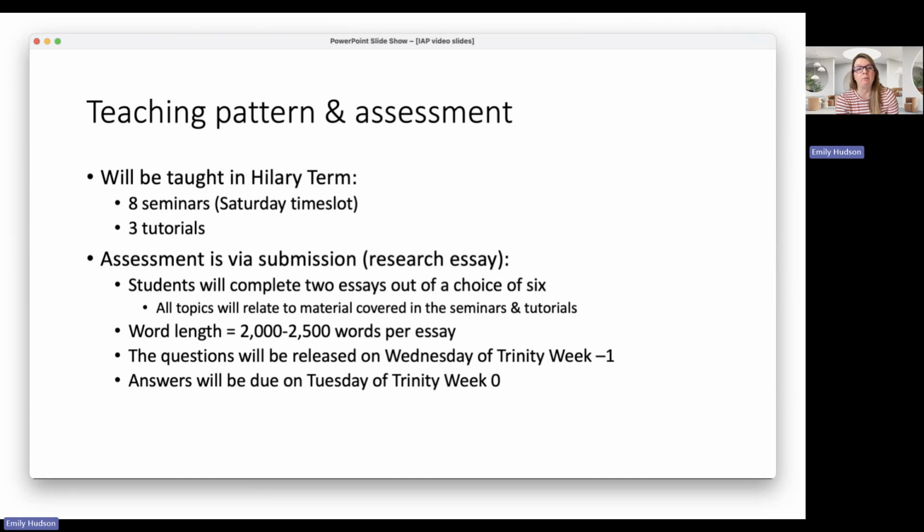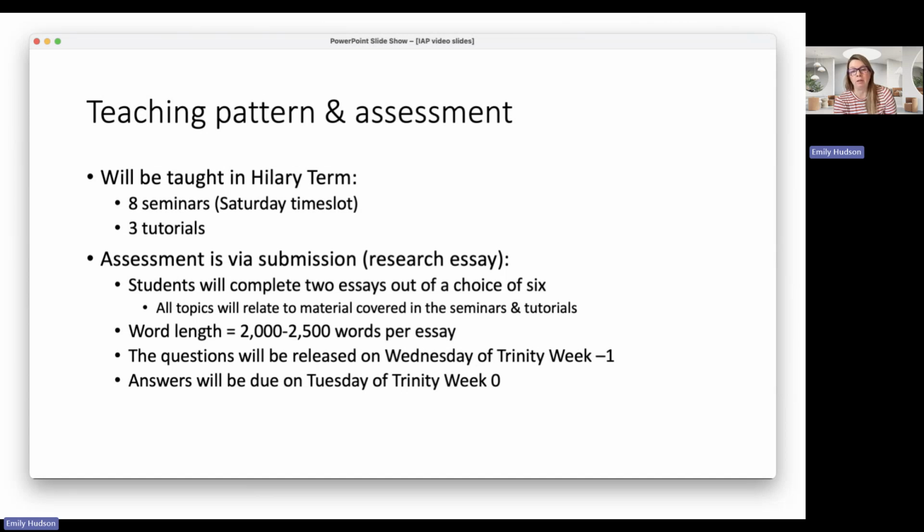And assessment, it's via submission. So that's research essay. So in week -1 of Trinity, we'll release 6 questions, all drawing from material covered in the seminars and tutorials. You'll then have, I think it's almost a week to write 2 essays of up to 2,500 words.